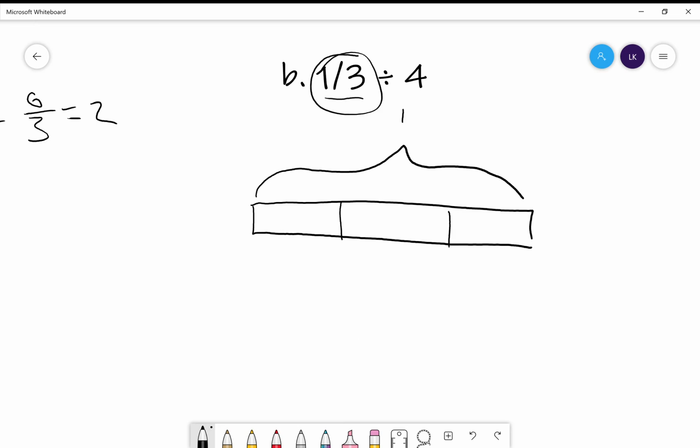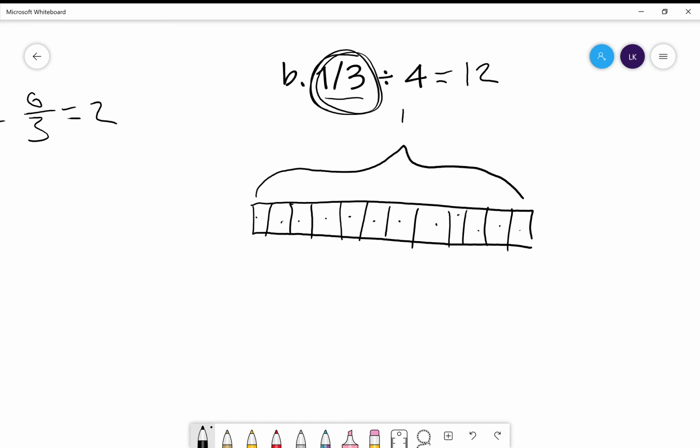Now each third is going to be divided into 4 parts. So what do I have? A total of 1, 2, 3, 4, 5, 6, 7, 8, 9, 10, 11, 12. I have 12 parts. 1/3 divided by 4 is equal to 12.